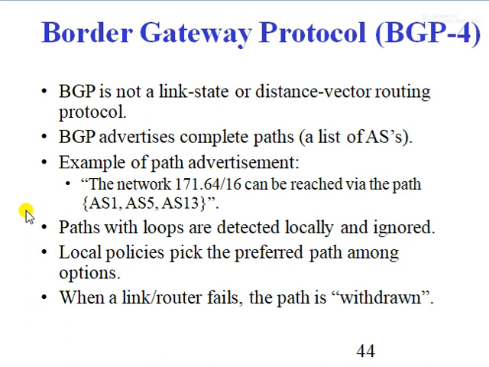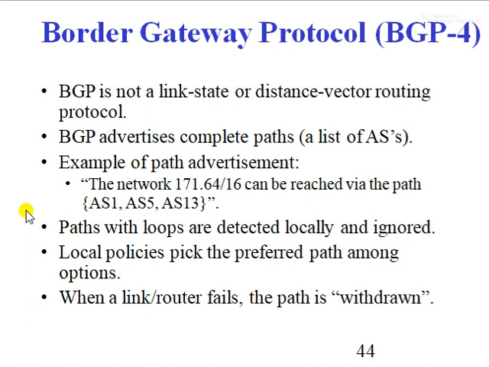Border Gateway Protocol is a standardized exterior gateway protocol designed to exchange routing and reachability information among autonomous systems on the internet. BGP is classified as a path vector routing protocol, and it makes routing decisions based on paths, network policies, or rule sets configured by a network administrator.